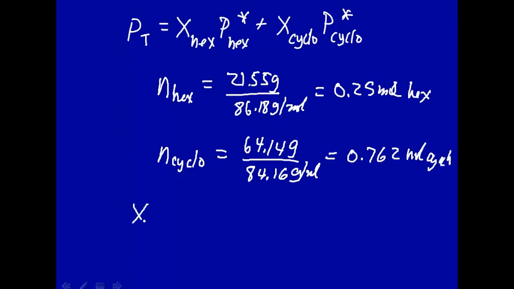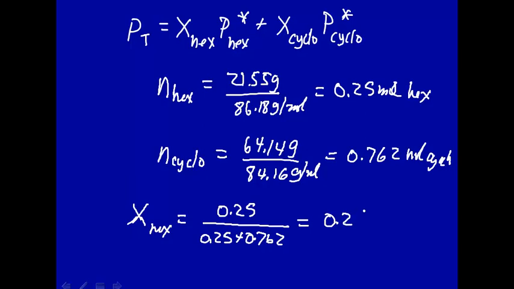So the mole fraction of hexane is the moles of hexane divided by the total moles, and that comes out to be about 0.25 to two significant figures. And similarly for cyclohexane, you can do that or just subtract, since there are only two components, so 1 minus 0.25 is 0.75. So there's your mole fractions.